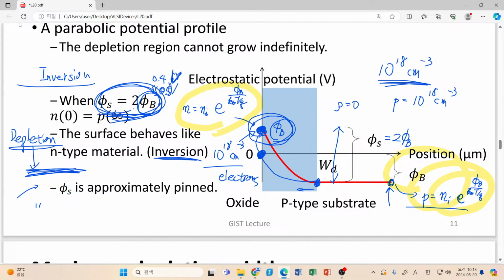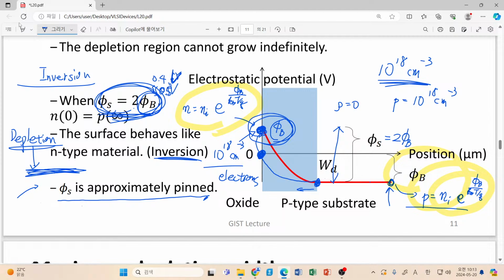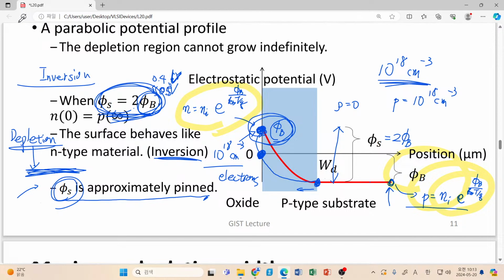So, as written in my last sentence here, beyond this level, the threshold voltage, now the surface potential is almost approximately pinned. I mean that even though you have applied, for example, 1 volt additionally, then what you can think is, oh, since now we have an additional 1 volt, at least a half volt will affect this surface potential bending, but it's not the case.